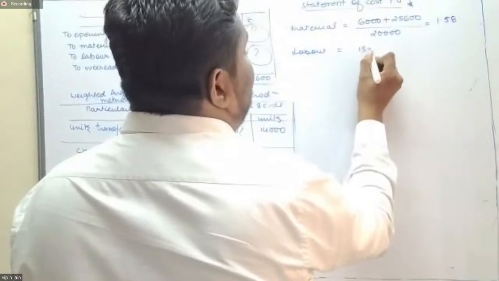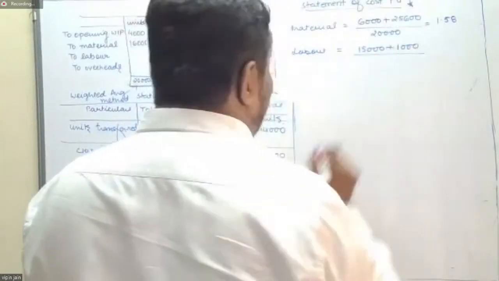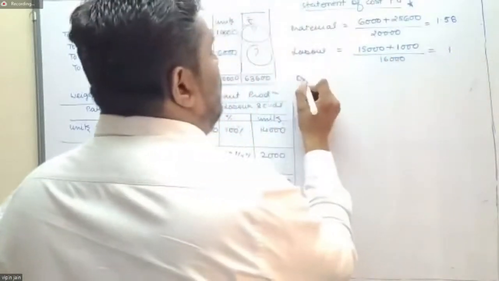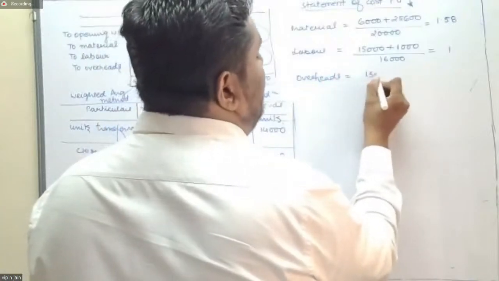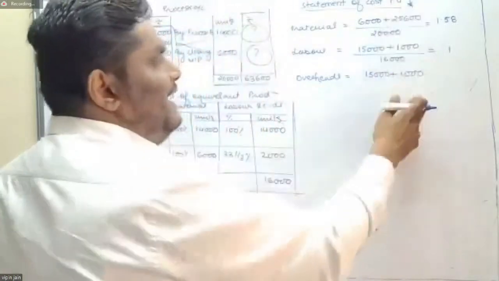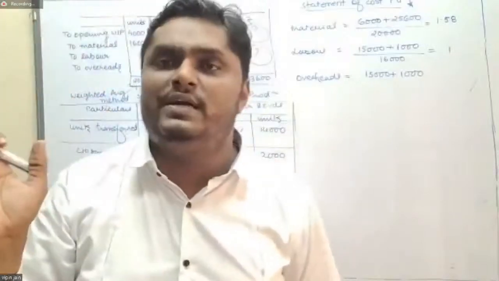Labor: the cost incurred this year is 15,000 and the cost incurred last year is 1,000, divided by equivalent number of units, that is 16,000. Overheads, again the cost incurred this year plus the cost incurred last year. Why am I taking last year's cost? Because I am taking the entire 14,000 units as 100%.